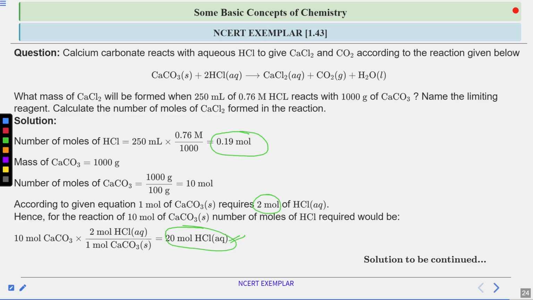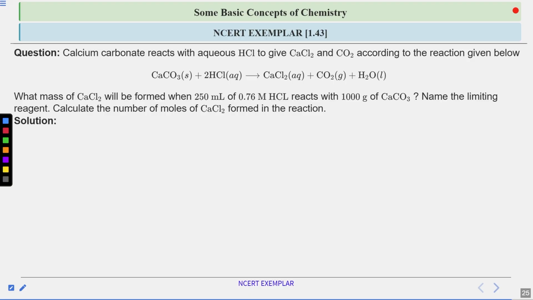Okay, is it clear? So we have constructed our first answer that HCl is the limiting reagent because we need 20 mole of HCl according to the given mole of calcium carbonate, but we have only 0.19 mole of HCl. Now the second thing is to calculate the number of moles of calcium chloride.